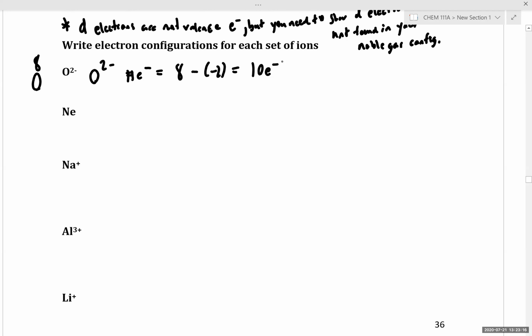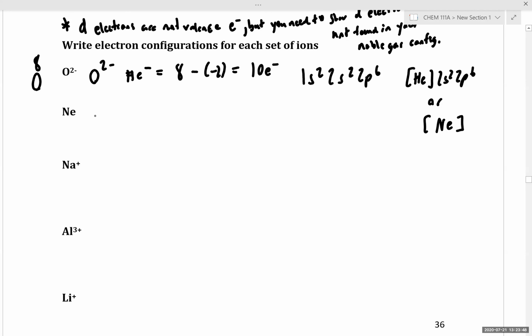Okay, so now we're going to fill our electron configurations from the lowest to highest energy orbital. So we have 1s2, 2s2, 2p6. We can abbreviate this configuration as helium 2s2, 2p6, or you can write it in a less technically correct, but commonly used shortcut of just saying neon.